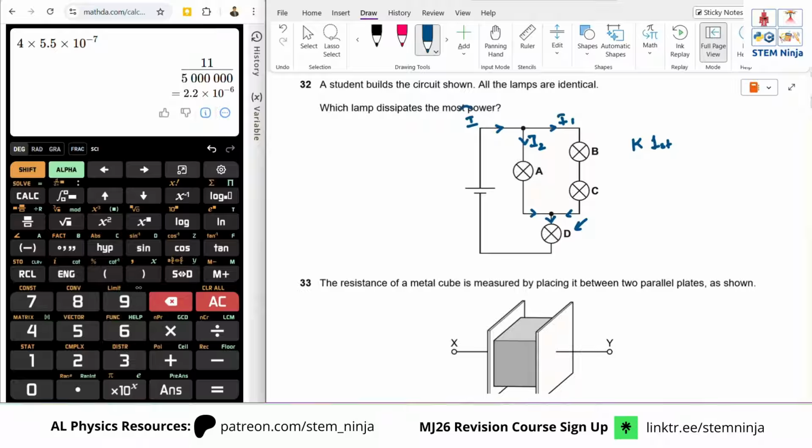So this current is equal to the current flowing through this D. So I squared R tells us that the maximum current flowing through the same amount of resistance will dissipate the most power. So D is the correct one.